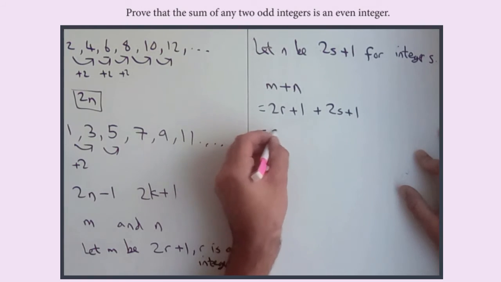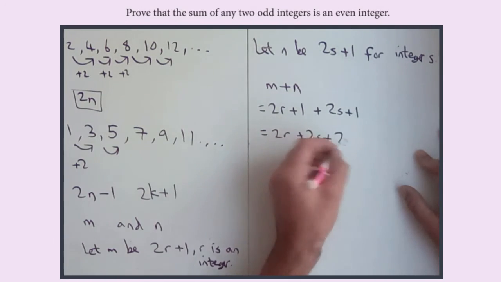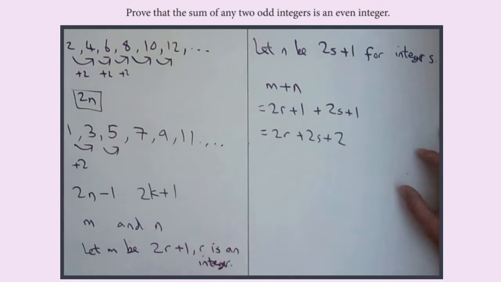So that is going to be 2r plus 2s plus 1 plus 1, which is plus 2. If we pull a 2 out of that, the way you show things are even is you show that it's 2 times an integer. Because if you get any integer at all, times it by 2, you will be left with an even number. But that's what the even numbers are, really. They're some numbers that have been times by 2.